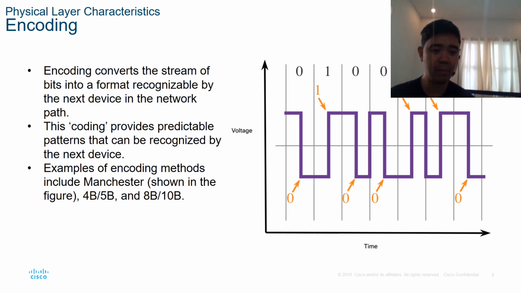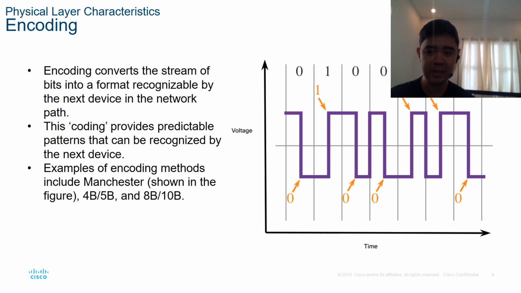For example, Manchester. This diagram here is Manchester. In Manchester encoding, the way 0s and 1s are interpreted is that it reads the signal at the middle of each bit period.